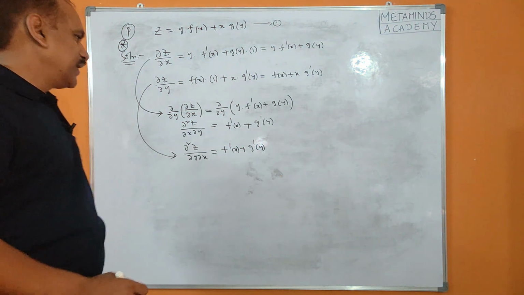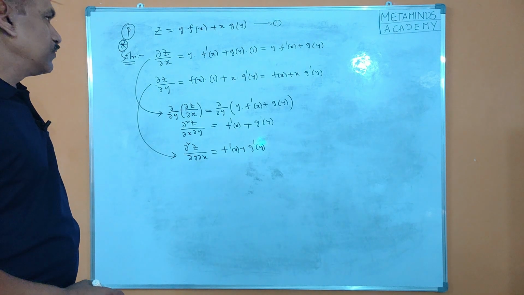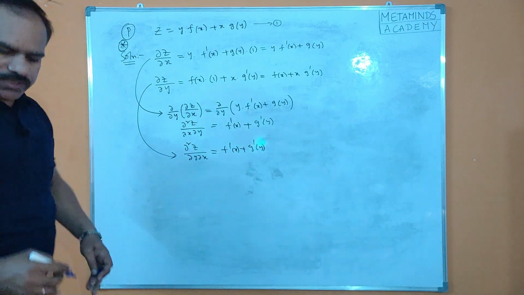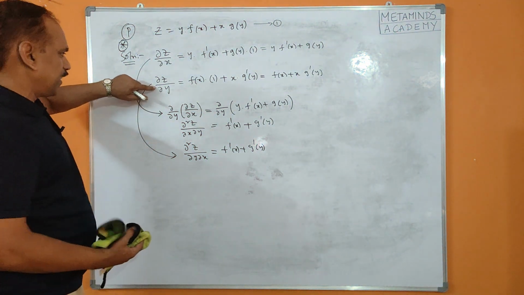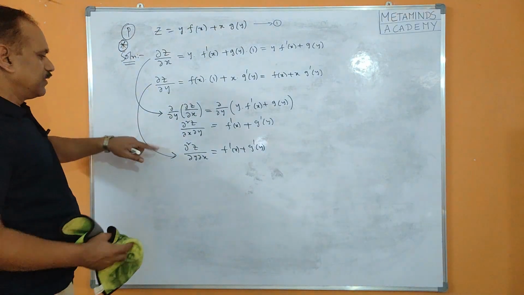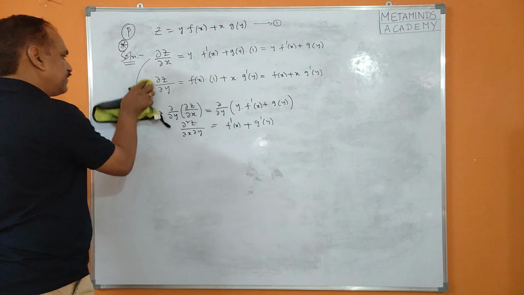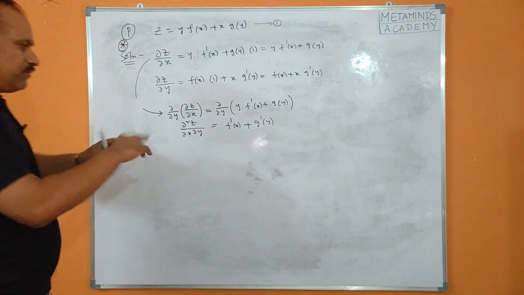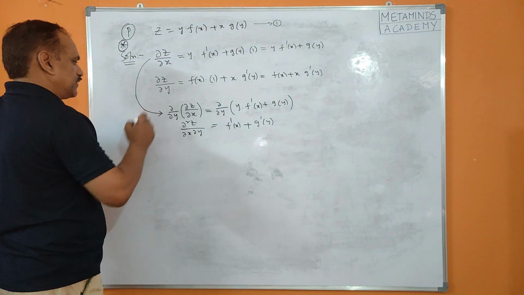So here also you will not get any partial differential equation. Then how to eliminate f and g from these two equations? Differentiating the second equation by x will not help us in any way, because we are getting the same equation again, right? Because dou square z by dou x dou y is same as dou square z by dou y dou x. LHS is also same, RHS is also same.